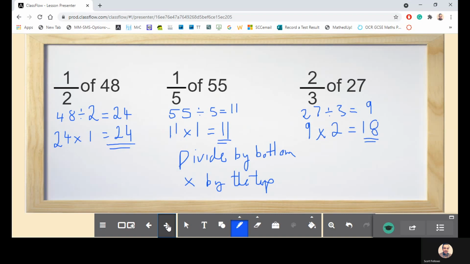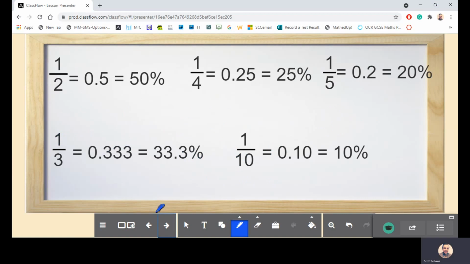Okay. So this is a little bit that you need to sort of memorize. These 5 fractions are the most common fractions that appear in the exam. These fractions come up quite a lot, so it'll make it easier for you if you can memorize these and learn what they are as a fraction, decimal, and a percentage. Because I think it's always easier to work with numbers as decimals.